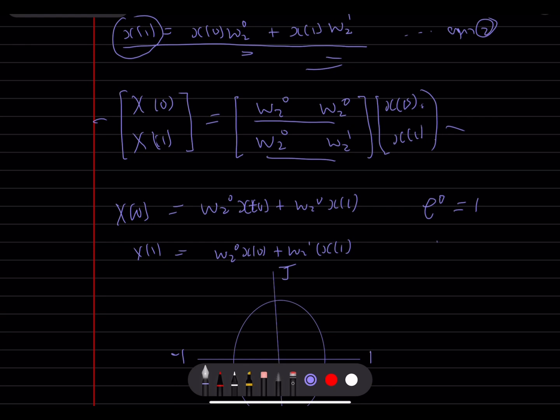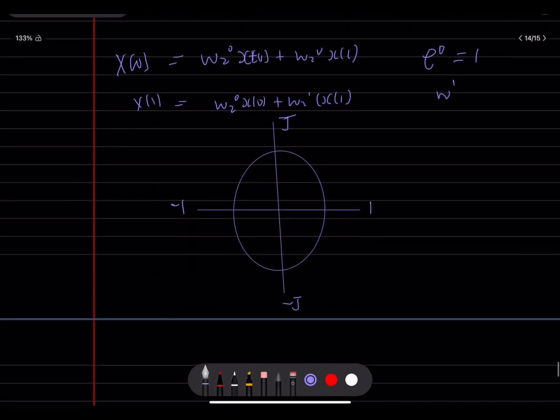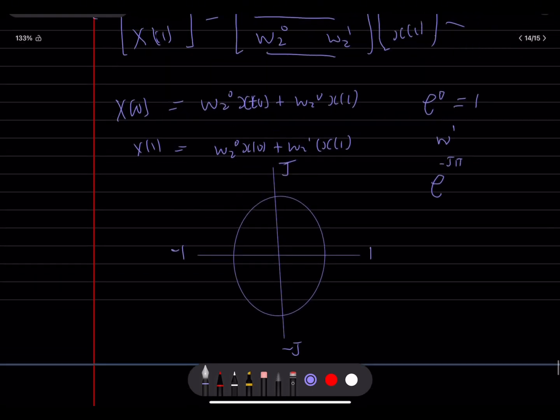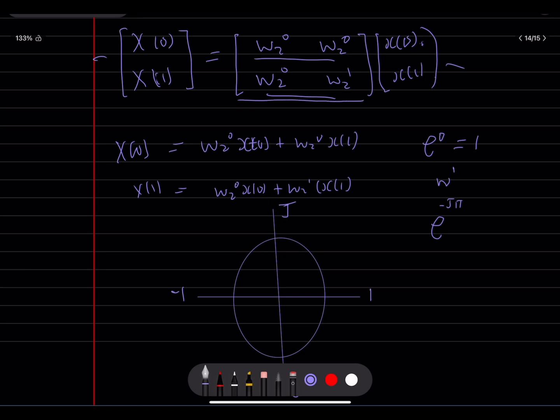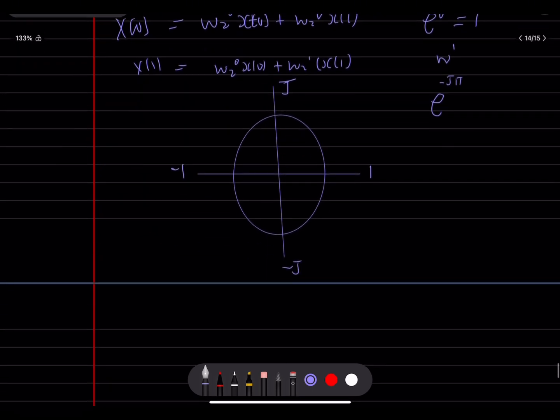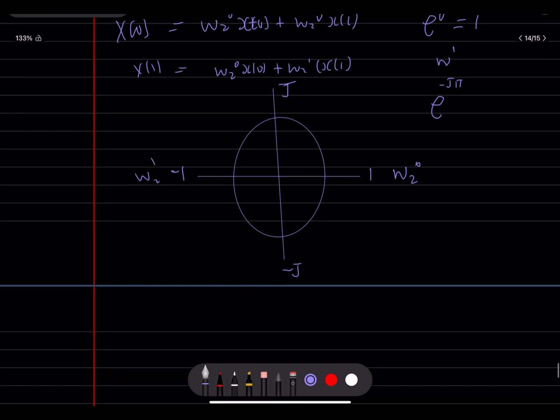And anytime that you see exponent of 1, it also gives us a value of negative 1. Negative 1 for the part in which the exponent can be either negative j pi on 2 and the others. So based on this, since for this matrix we are having omega 2 of 0 and omega 2 of 1, that means we have only the real number axis in use, and therefore we can say that our omega 2 of 0 will be here, and then omega 2 of 1 will also be this side, right? In the case whereby you get a higher exponent, it means that the imaginary axis can also be included.